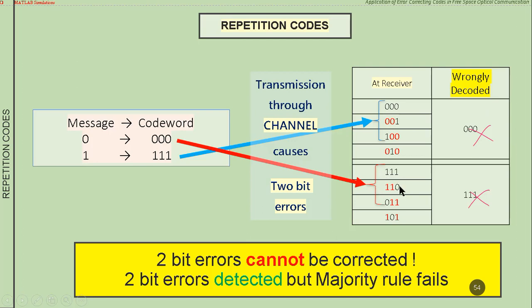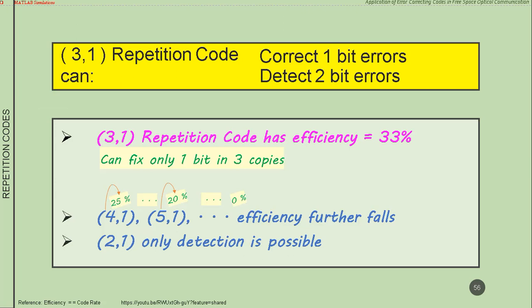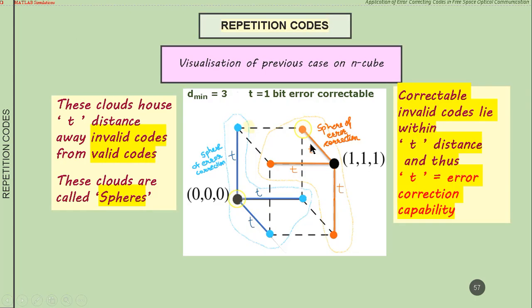Actually, two errors will force us to believe that it was a 1, which is not the case. So 2-bit errors cannot be corrected. Then 3-bit errors will go undetected. It has only 33% efficiency, and if we keep increasing the parity bits, the efficiency will worsen. So that is the drawback.